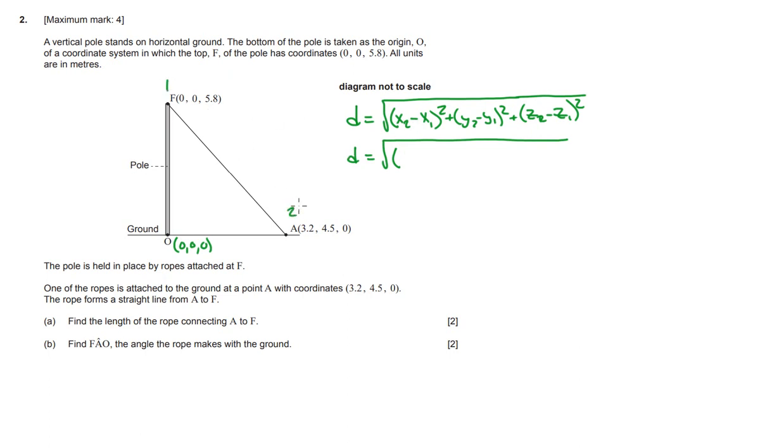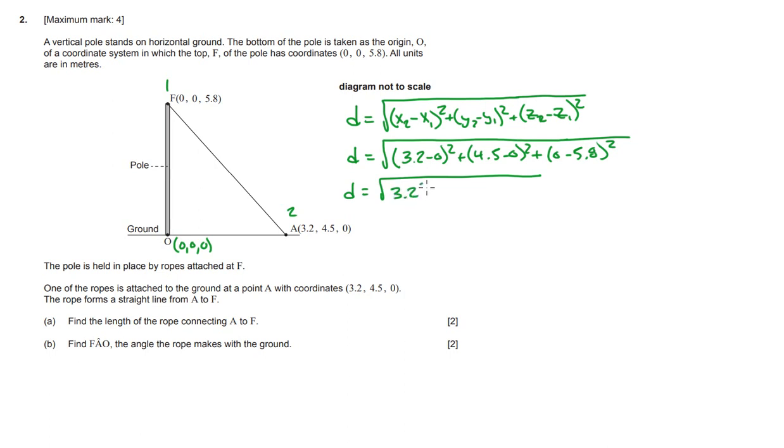We would do 3.2 minus 0 squared plus 4.5 minus 0 squared plus 0 minus 5.8 squared. Then we'll square root all that. The good news here is that since we're just subtracting 0, or doing 0 minus each time, all these are just going to be the numbers that are in there.